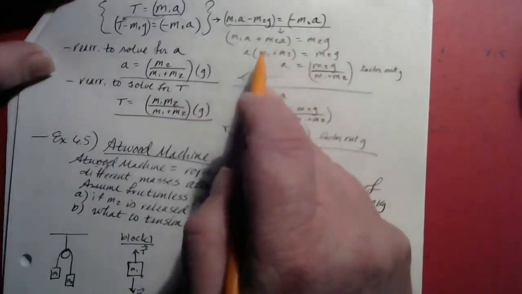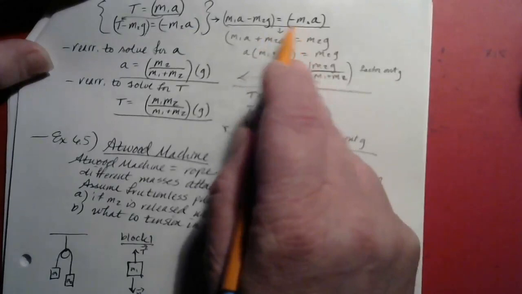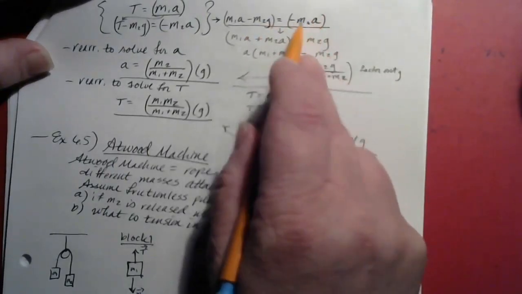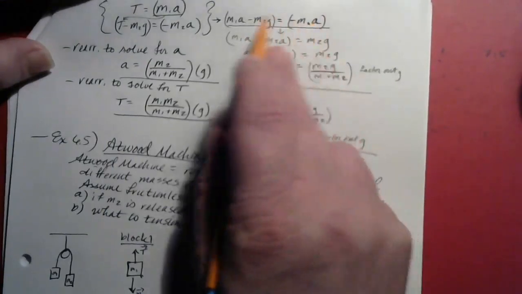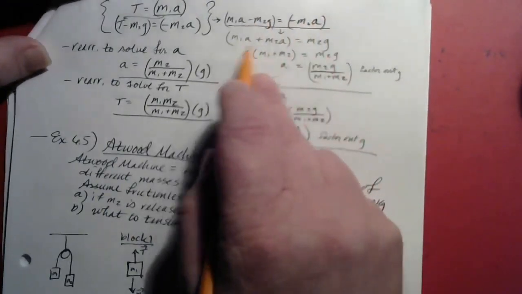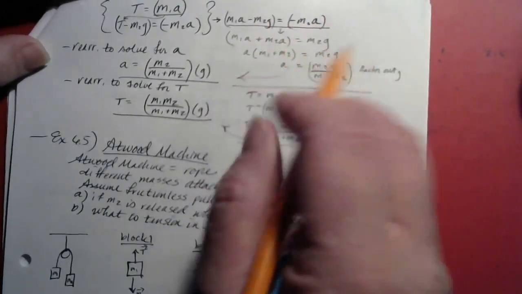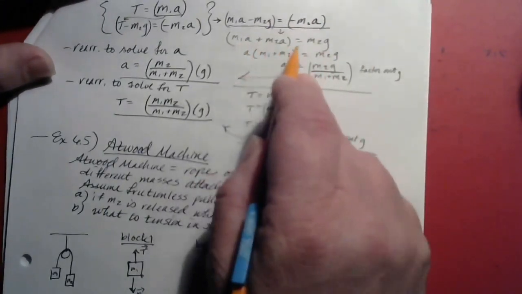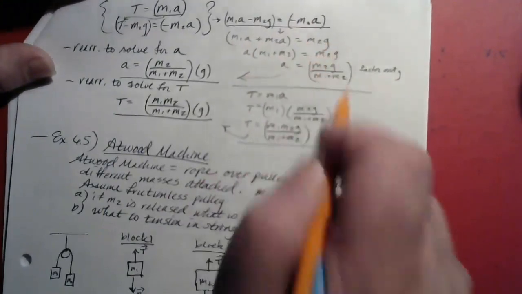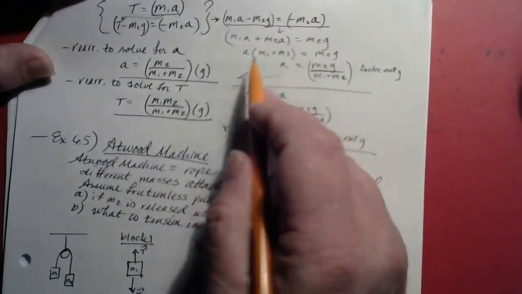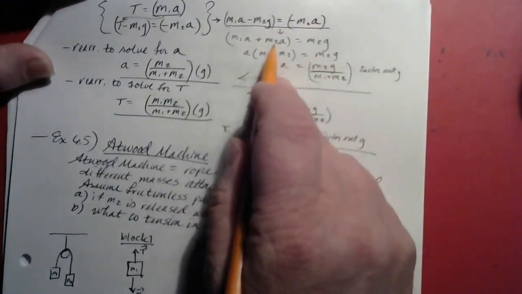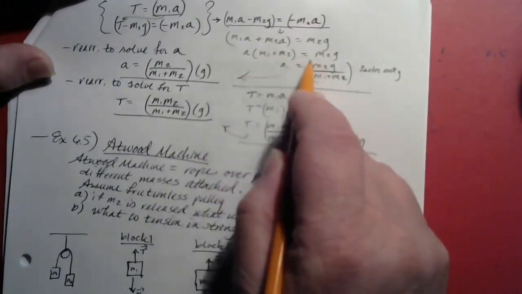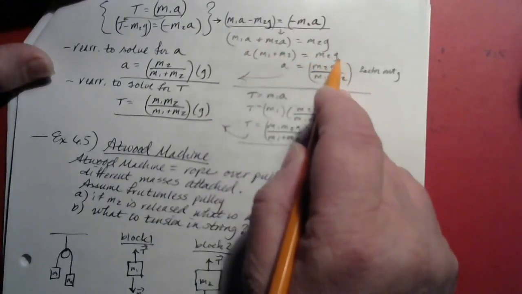Rearranging this a little bit, take the term involving g over to this side and the term involving a over to the other side, so we're getting all the a's on one side and all the g's on the other. We end up with M1a plus M2a equals M2g. You can factor out the a, so a times M1 plus M2 equals M2g.